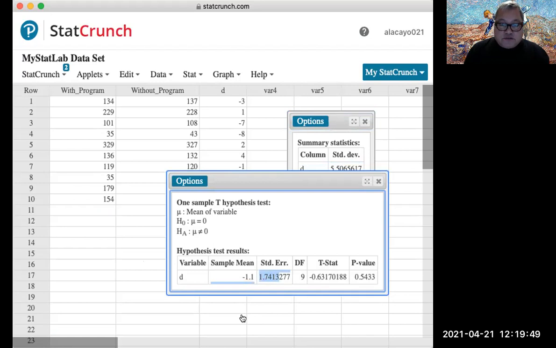So that's a 1.74 standard error around a mean of minus 1.1, across all 10 stores.